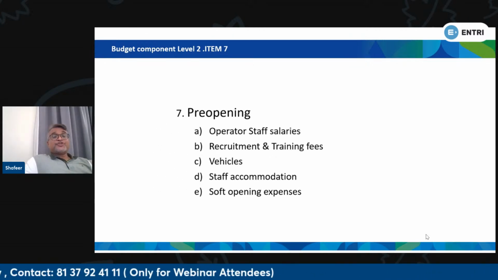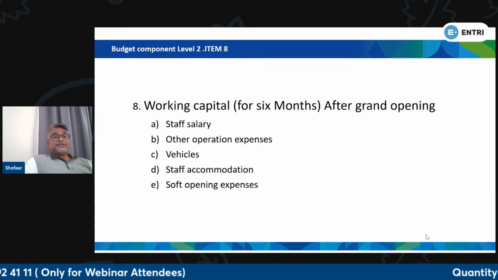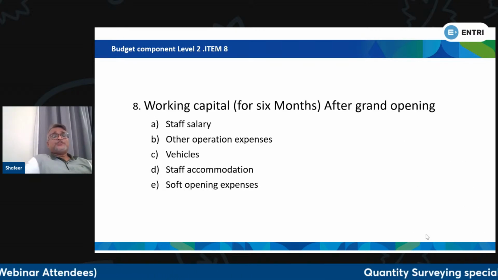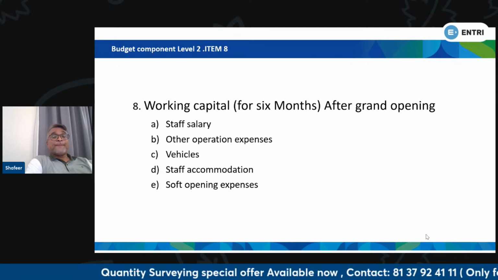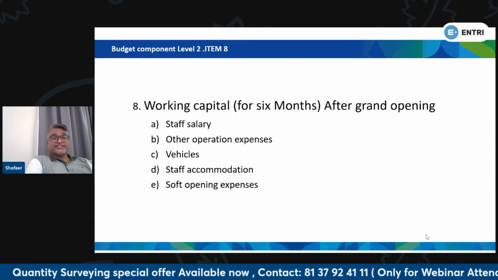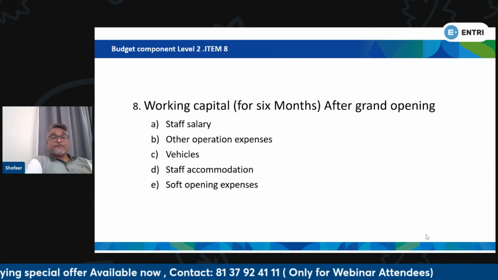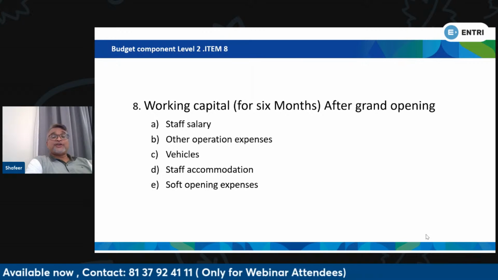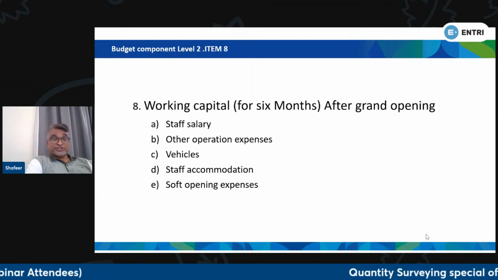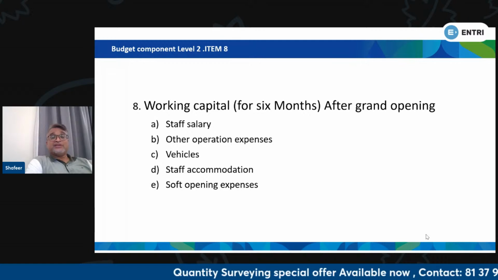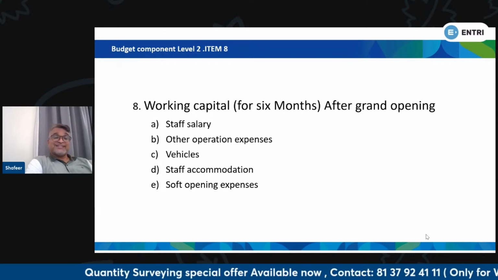Now, coming to the eighth item, that is the working capital. This will be approximately for a 6 month period after grand opening. That means up to pre-opening, we have already allocated budget. Suppose the project is not running smoothly in the first 6 months, that means they are not making enough revenue from the project, they have to consider the capital required to run the project for at least 6 months.